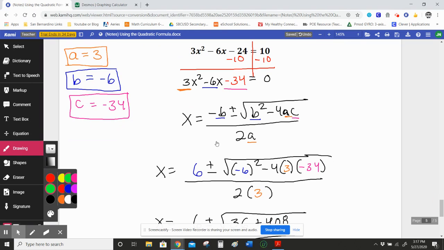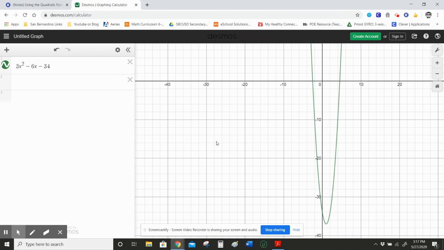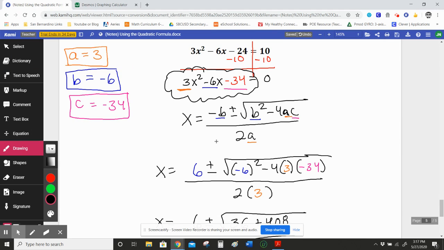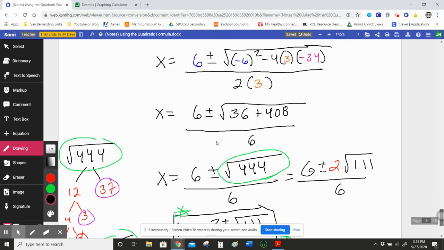In this case, I would graph 3x squared minus 6x minus 34. I plug it in, I get a quadratic, that U-looking shape, which is a parabola. If I check my roots, it's negative 2.51 and positive 4.51, which is the exact same thing that we got when we used the quadratic formula.